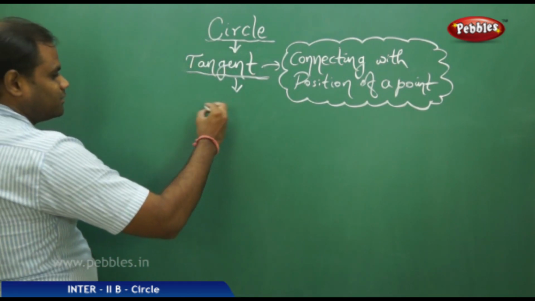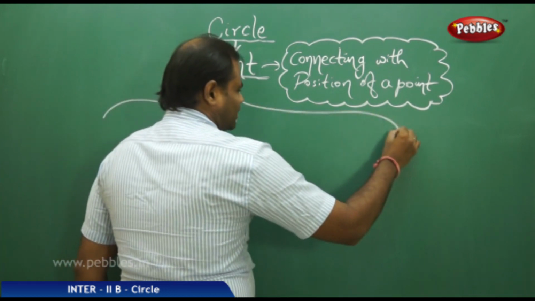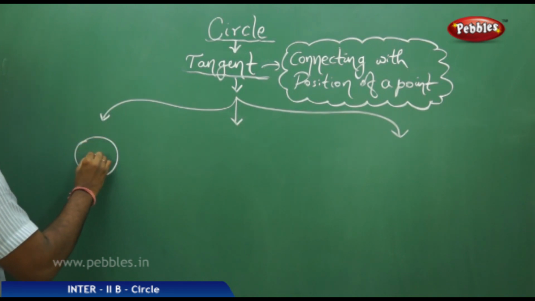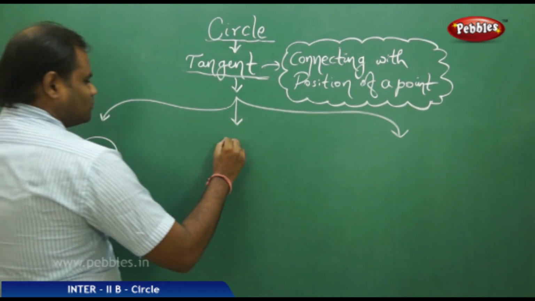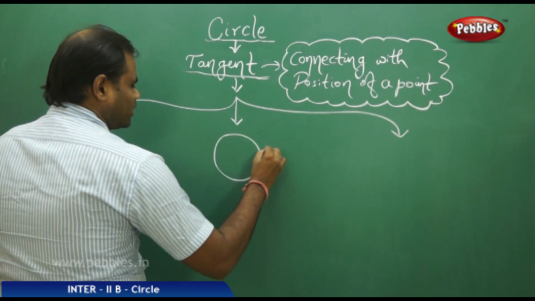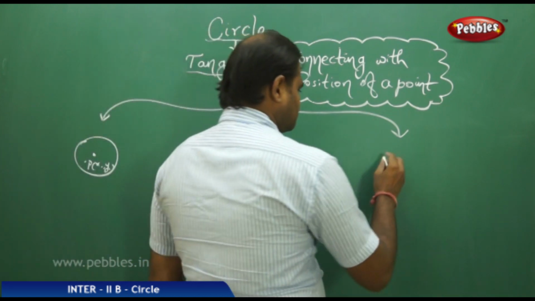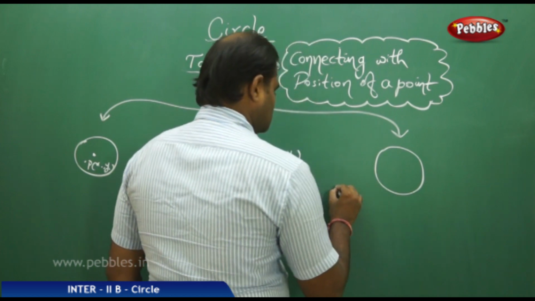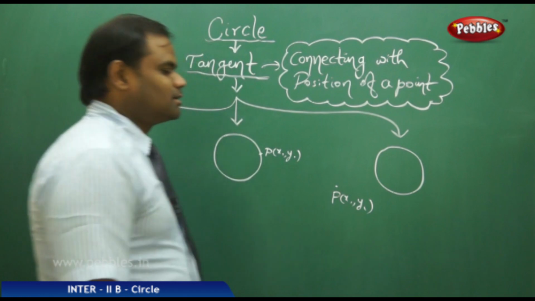As we have seen the three different cases of inside, on and outside, if I take a circle, the point can be inside the circle, then the point P lying on the circle, and then point P outside the circle.